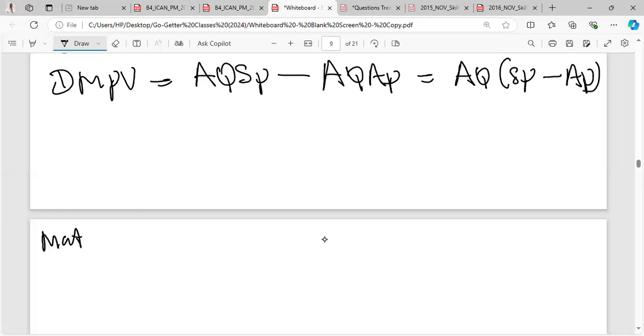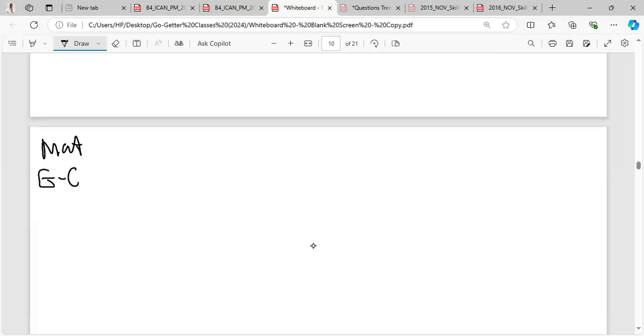These are materials. We have EC, PC, BC, and CC. I think that's what we did.